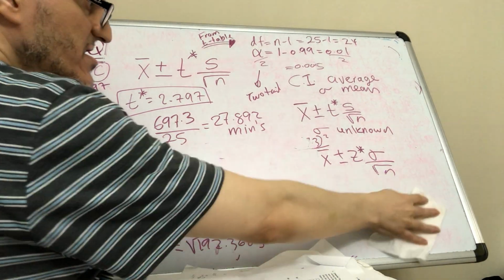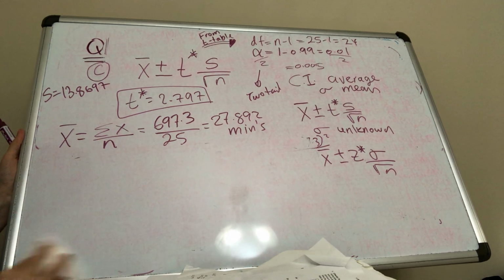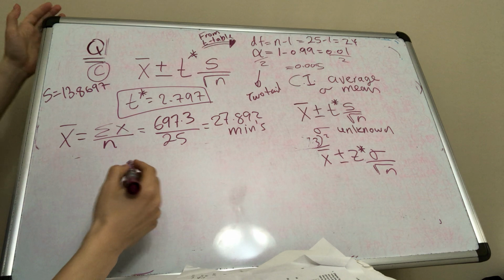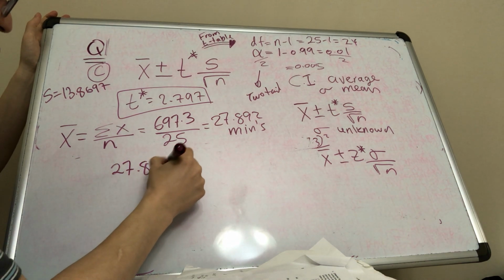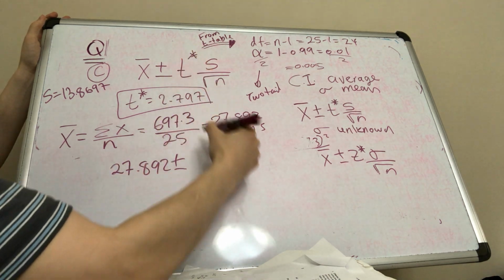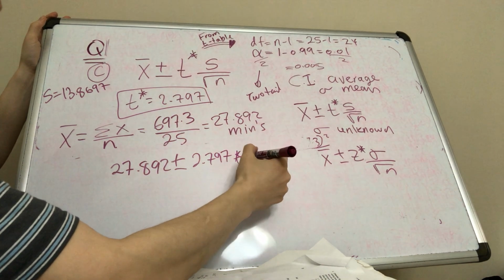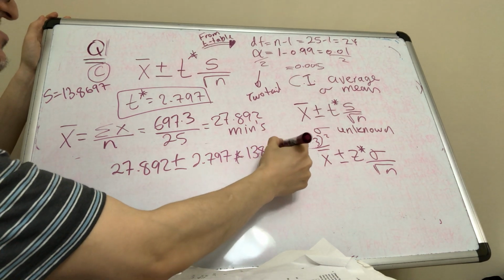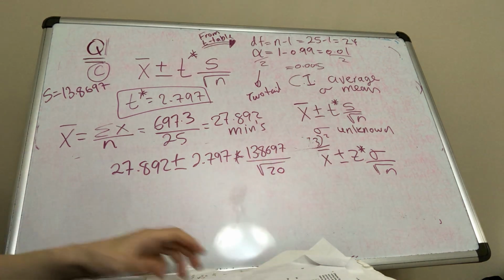So I can put everything in my confidence interval formula. Mean is 27.892. My T star is 2.797. My standard deviation 13.8697. And it's the square root of sample 20.